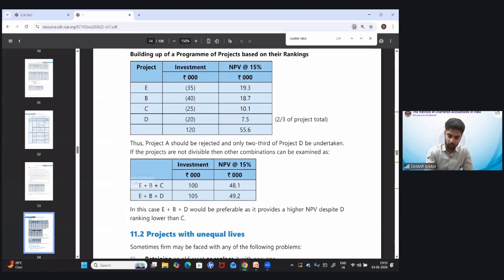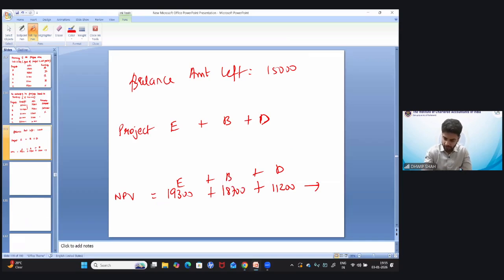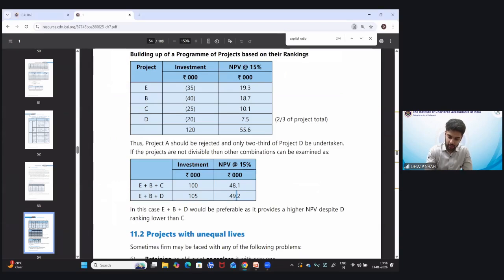Okay, so see, the best selection E, B and D comes to 49,200. In this case E, B and D would be preferable.